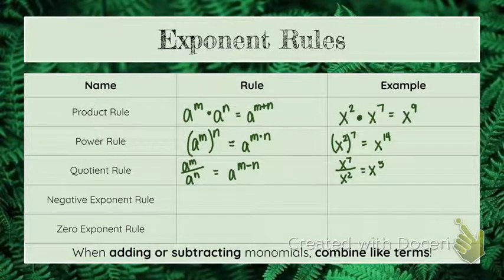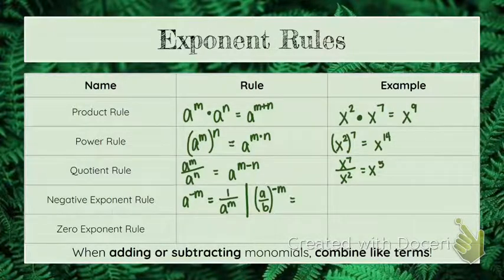And now we have the negative exponent rule. This says that a to the negative m power is equal to 1 over a to the positive m power. And I also want to show you this as when you do fractions, because if you have a over b to the negative m power, that is equal to b over a to the positive m power.